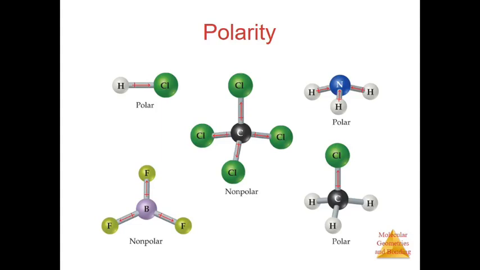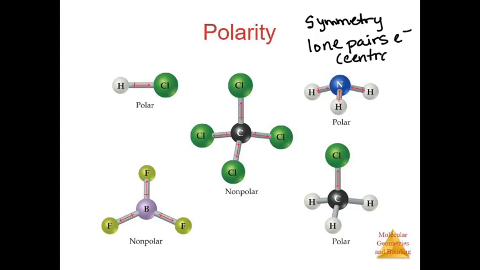And here are several more examples. Just going over quickly, trying to keep it basic from a Chem 1 standpoint of view. We looked at symmetry. And we looked at lone pairs on your central atom. So lone pairs of electrons on the central atom. And with those two right here, basically, if you're going to have a polar molecule, and this is going to be in general, I'm going to add asymmetrical here.